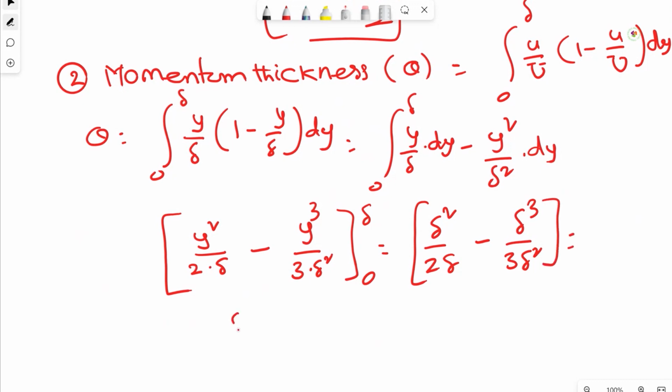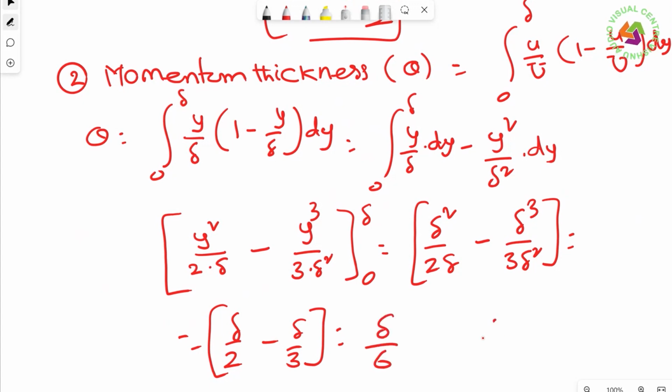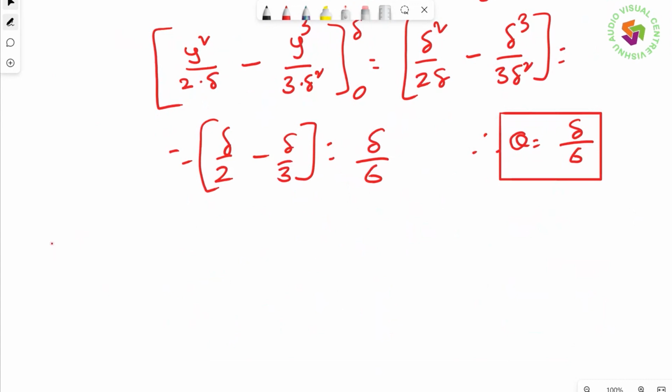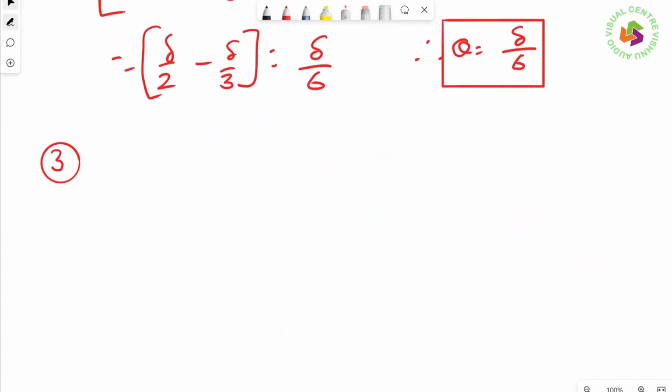So it is delta by 2 minus delta by 3, which gives delta by 6. Therefore, theta is equal to delta by 6. This is second. And third one is basically the energy thickness.